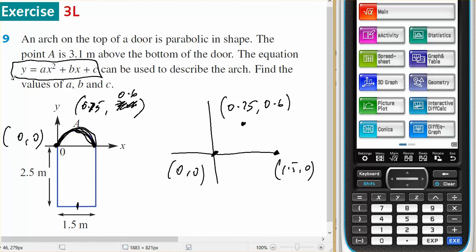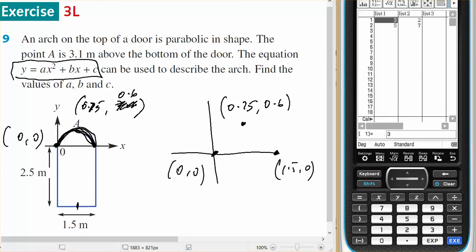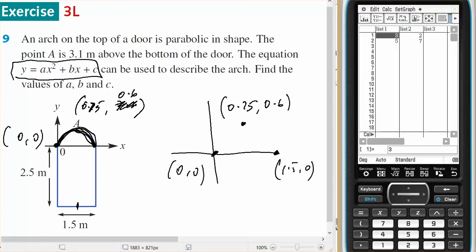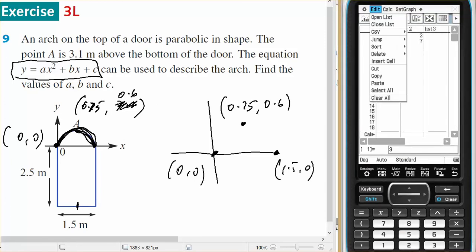Well, initially I'm going to go into statistics to see whether I can get exact answers out of statistics. I'll go Edit, Clear All.